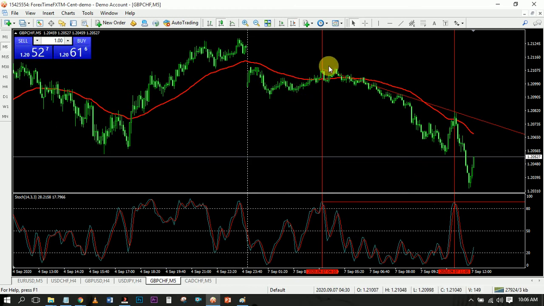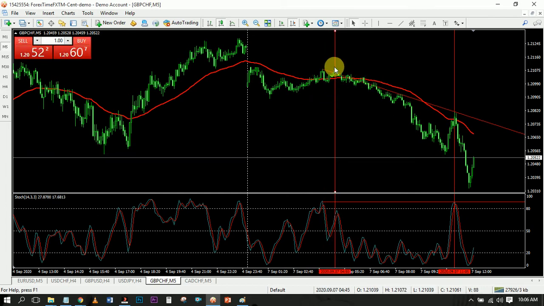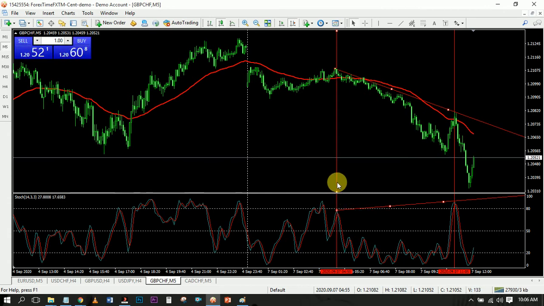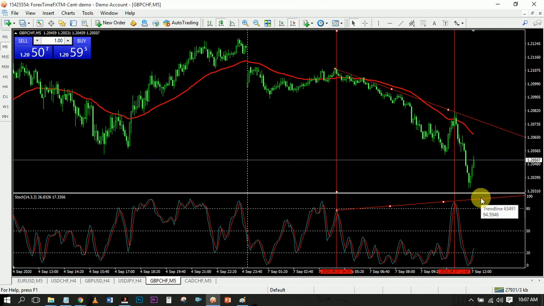Or we can actually make use of this level if we want, because you can see this is even higher than this. So you can put our stochastic here, then you can move your level to here. You can see, so you still get your upper level, you can still get your hidden divergence.